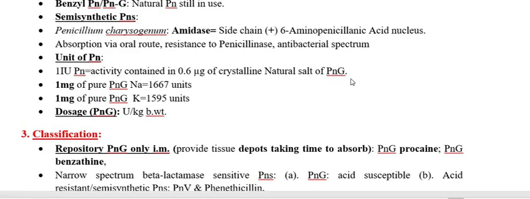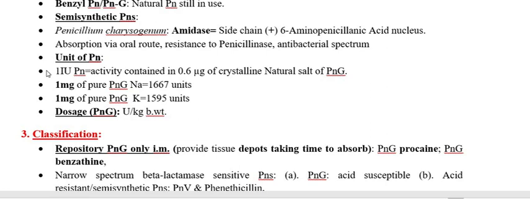Penicillin G is still used, and it is not given in milligrams as a dose. The dosage of penicillin G is in units per kg body weight of the animal or the patient.